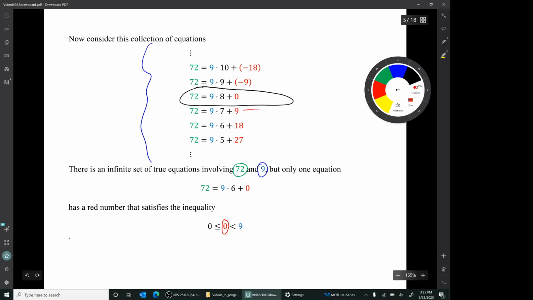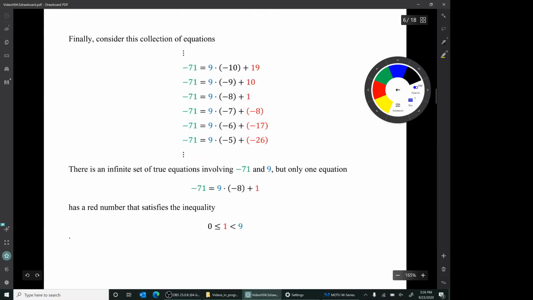Notice this equation looks pretty good. The red number 9 is greater than or equal to 0, but it is not less than 9. It's actually equal to 9. So among all these equations that are true, it's only the circled one that's got this special property going on. Let's look at one more infinite collection of equations.